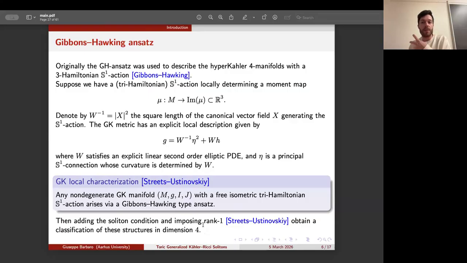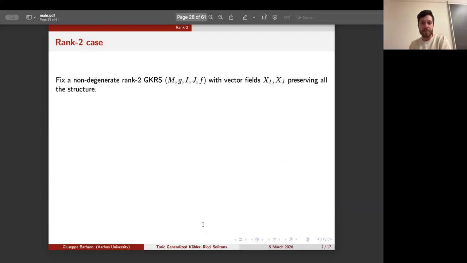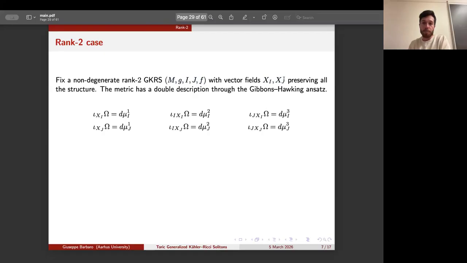So what is the difference? The difference is that now we will do this Gibbons-Hawking ansatz twice. Suppose you have your non-degenerate rank 2 generalized Kähler-Ricci soliton, and we have the two vector fields that are preserving all the structure.